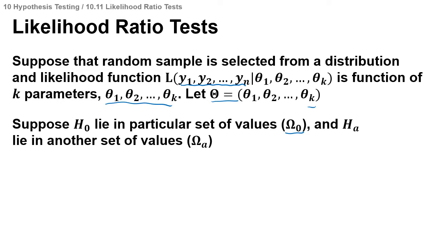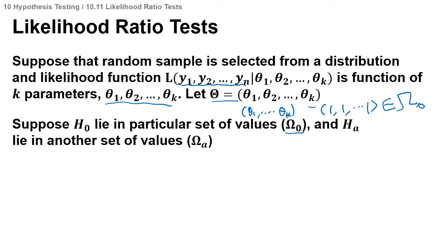So a particular set of values implies, let's say, one parameter set like theta 1 to theta k, and if everything is 1, this would be a particular set of parameters, which may be the particular set of the null hypothesis.